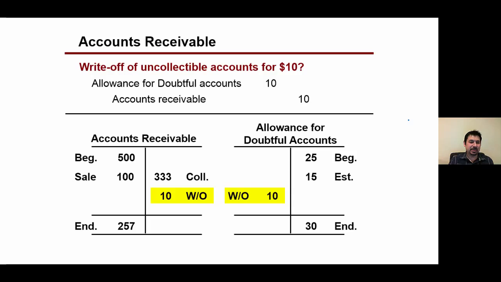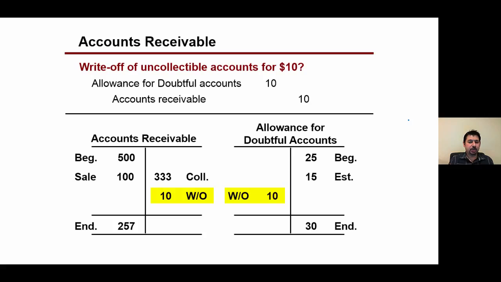They will debit allowance for doubtful accounts $10 to decrease it and credit accounts receivable $10 to decrease it. Remember, allowance for doubtful accounts is a contra asset account. As a result, the normal balance is a credit balance. So a debit to allowance for doubtful accounts will decrease the balance. So this is why here we had 40. After the write-off, it became 30.